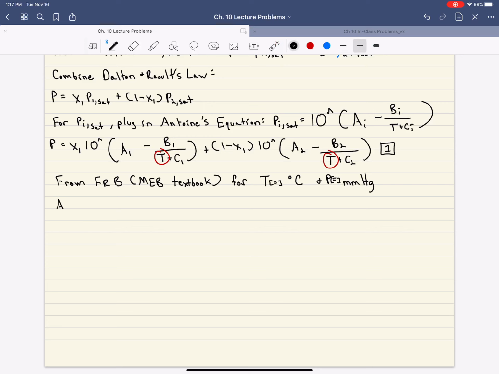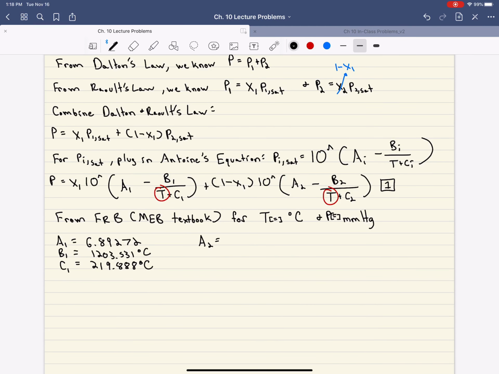If we look in the back of that textbook, we find these values for benzene, and we find these values for toluene.